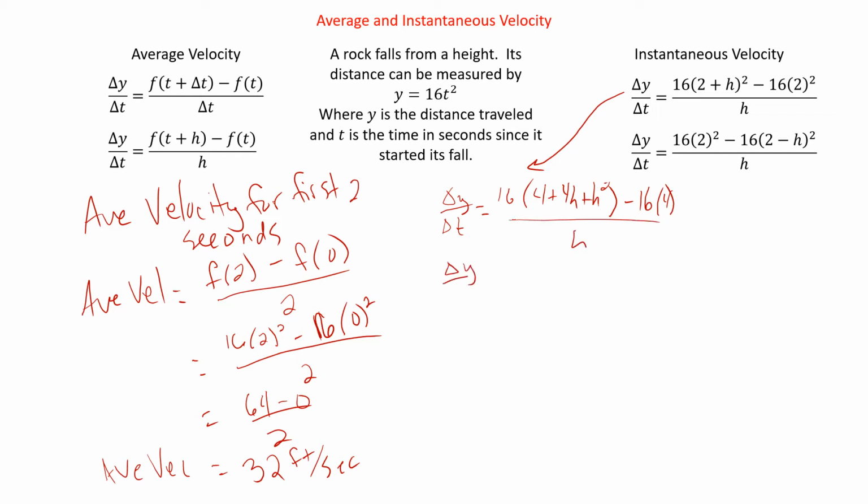Delta y over delta t equals, we can distribute to get 64 plus 64h plus 16h squared. Nope, 16h squared. How could you guys let me do that?